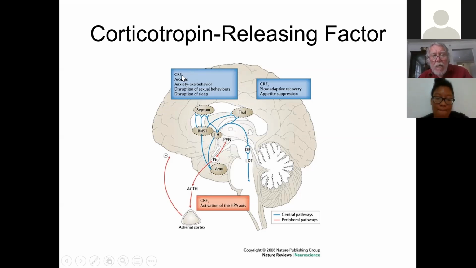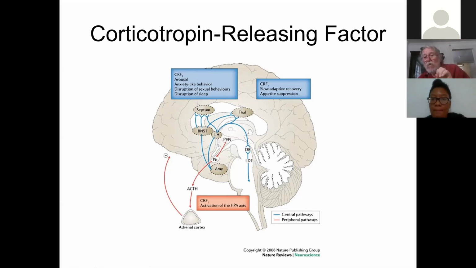There are two types of CRF receptors. A CRF1 receptor has the effects of arousal, anxiety behavior, disruption of sexual behavior, and disruption of sleep, simply because the animal is in a sympathetic state, that very immediate effect of CRF.